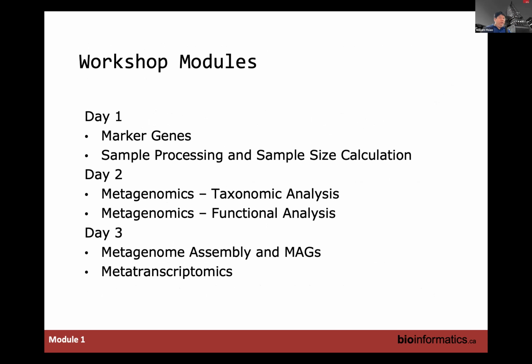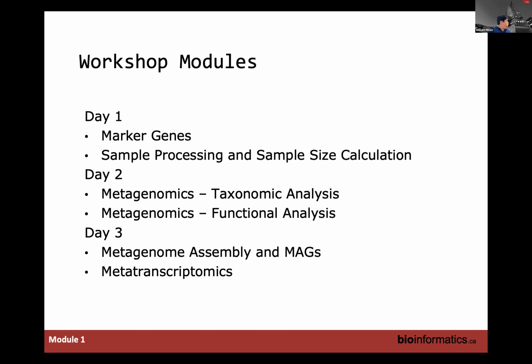Okay, so very briefly, this is the list of modules for the rest of the workshop. Today we'll go over marker gene analysis with Rob and Diana. This afternoon, we'll hear a bit about sample processing and sample size calculation from Claire and Anita.